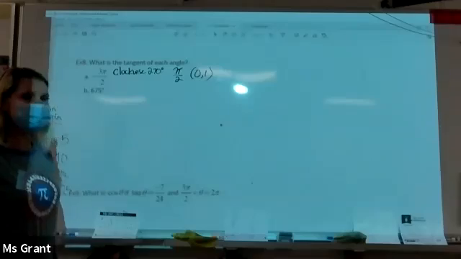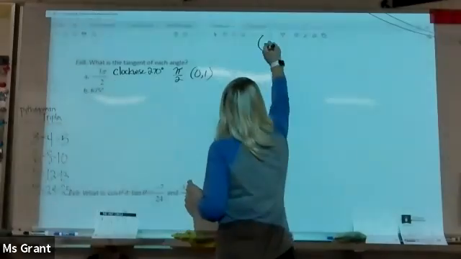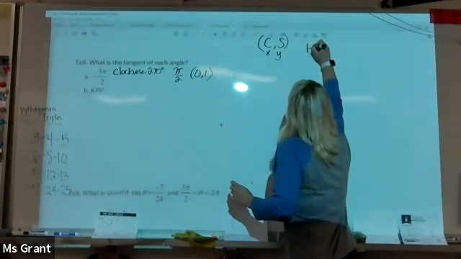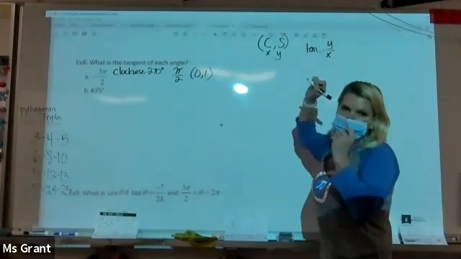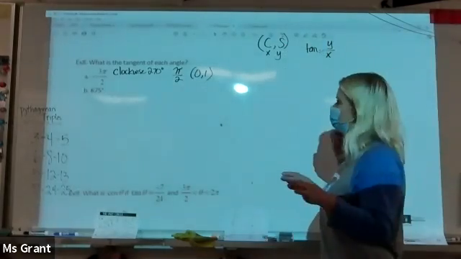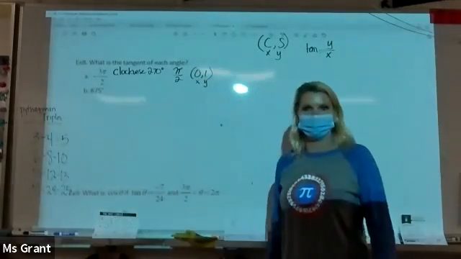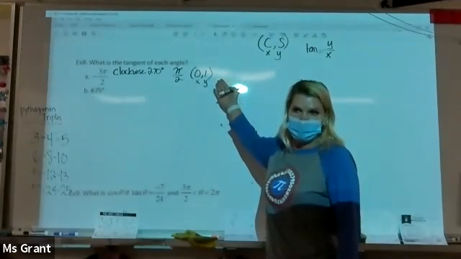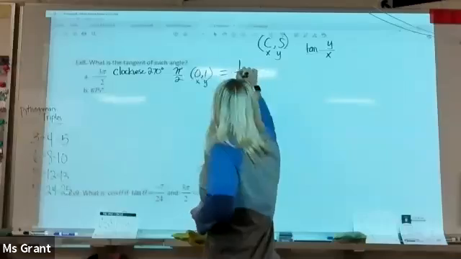Tangent. I don't need to draw a circle. I shouldn't have erased this. Tangent, if you recall, is y over x. So whatever my y value is the numerator. Whatever my x value is the denominator. Here is my x and my y. So that means that I'm going to put my y value, which is 1, over my x value, which is 0.